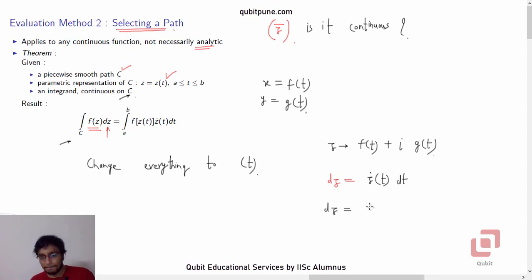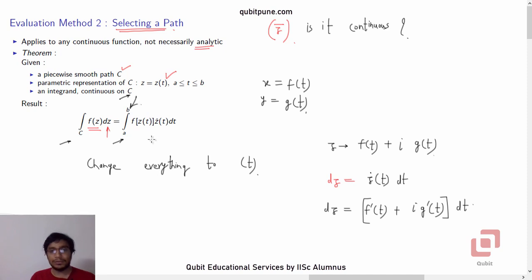So this is f prime of t plus i times g prime of t, dt. Once we get this, everything consists of only t, including the limits, so you can apply all the rules of integration and evaluate the integral.